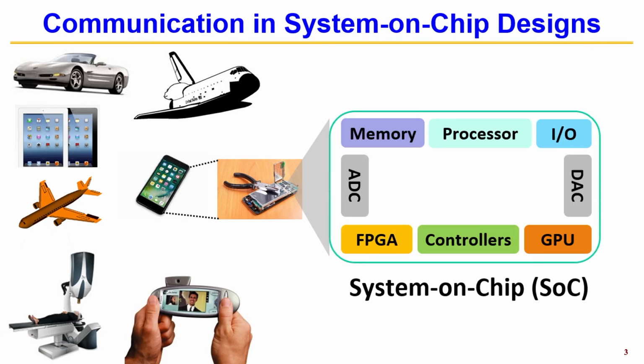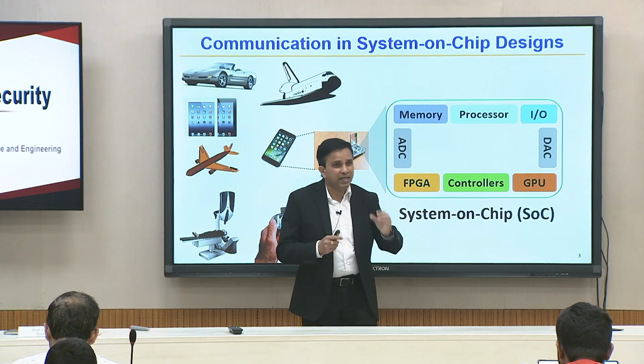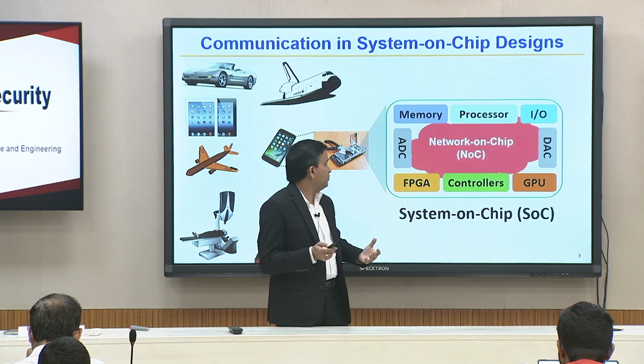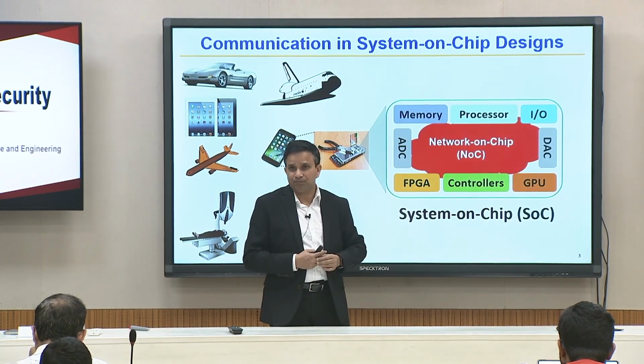Of course, they are not placed at the boundary, I am showing it just for picturization. So, you are going to have memory, processor, digital to analog converter, analog to digital converter, FPGA, controllers, graphics processing unit, and it is not just one of each. In the next slide I will show you that even for the processor, there could be hundreds of processors inside that single chip. So, today's talk is about how these components talk to each other.